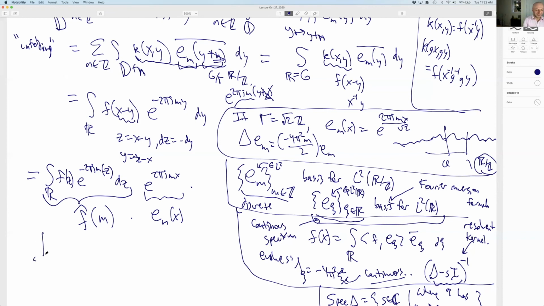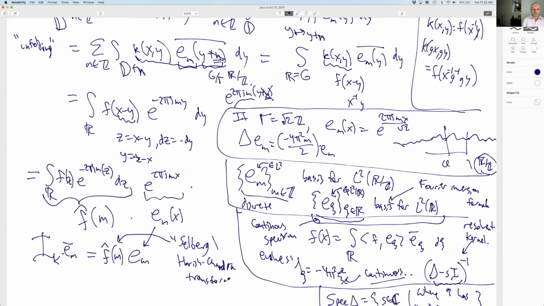So the integral operator of k acting on e_m bar is just a constant multiple of e_m, and that constant is the Fourier transform. The general version of this is called the Selberg-Harish-Chandra transform. I'm just planting some more seeds in your brain. The names for these things are Selberg-Harish-Chandra transform, which in this case is just a Fourier transform. In general, it's closely related to a Fourier transform.